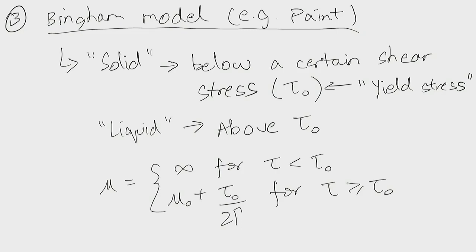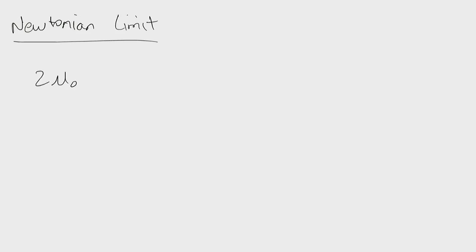So if the denominator here approaches infinity, you have mu equals mu naught. And so the Newtonian limit here is when 2 mu naught times the rate of strain is very much greater than tau naught.